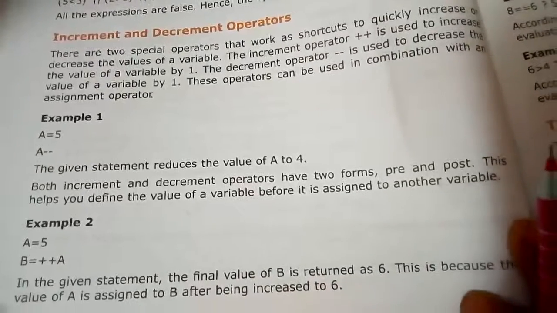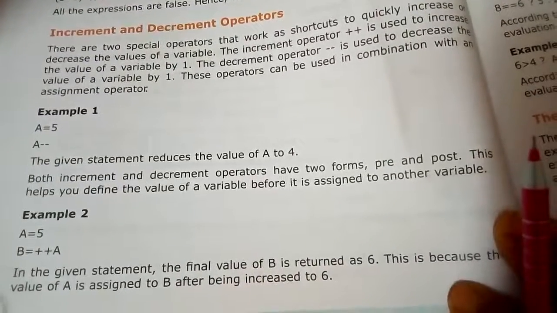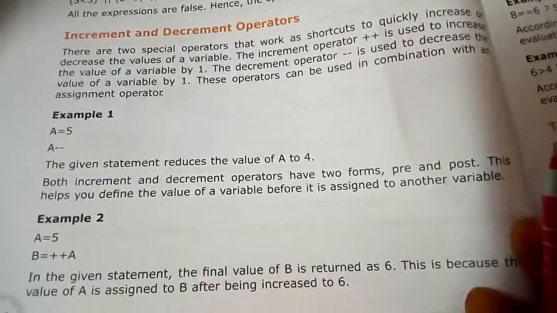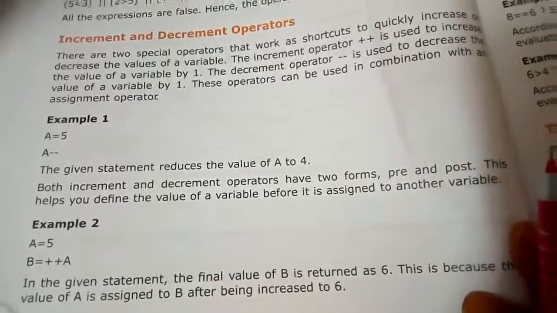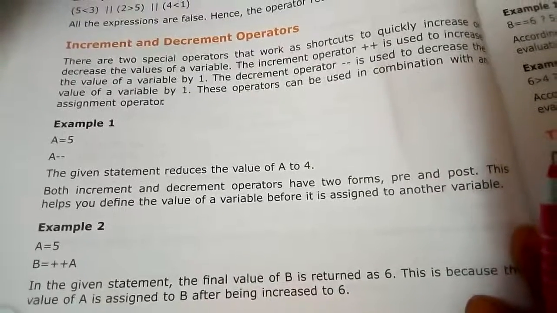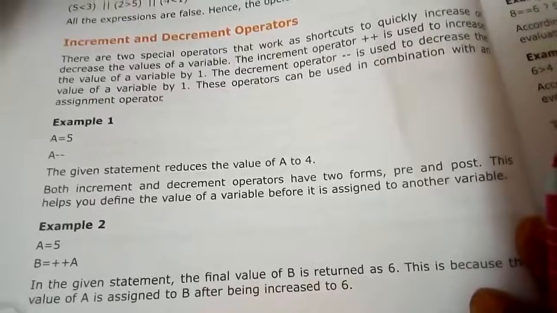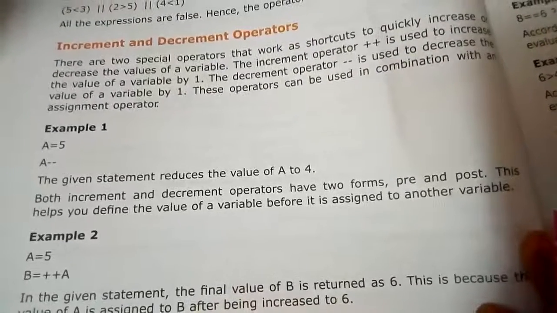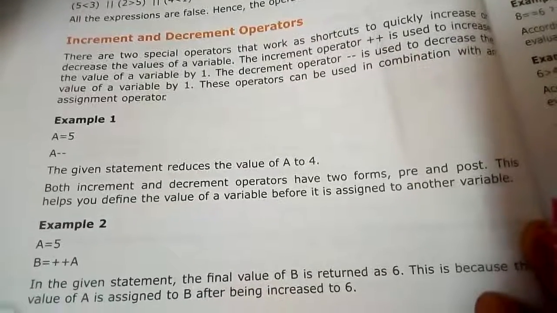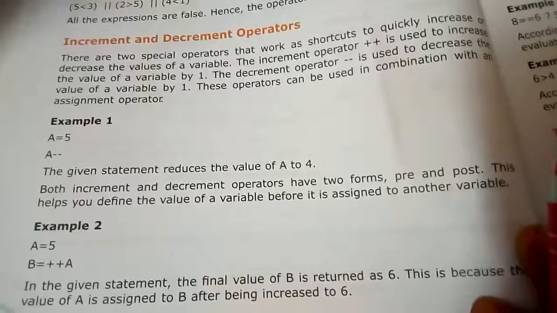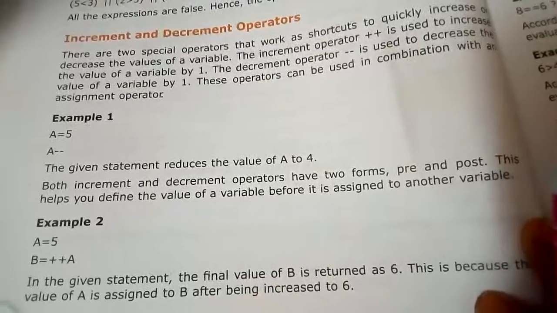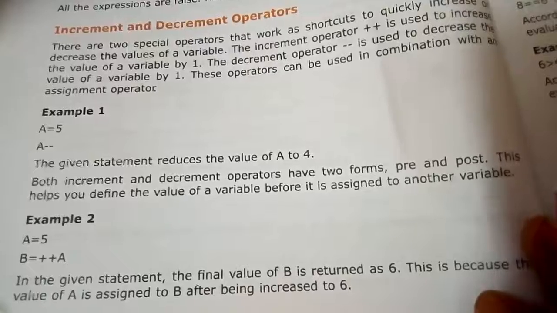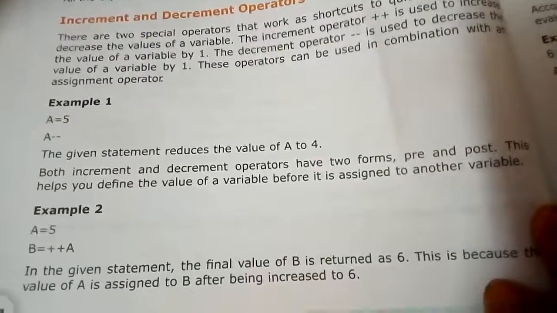Both increment and decrement operators have two forms, pre and post. A minus minus is the post decrement operator. And if you write minus minus a, that means pre decrement operator. The difference is, minus minus a means first it will decrease the value by 1 and then it will show the variable a. Post means after and pre means before.